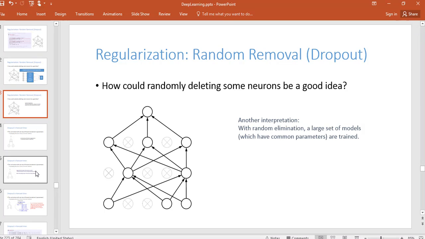We said that we do this only during train. So when we give the same data to the model during train and during test, we will have 2 different results, because during train some neurons have been deleted. We have to solve this problem. Suppose p is equal to 0.5.